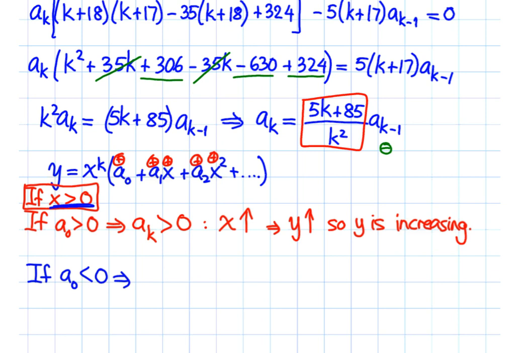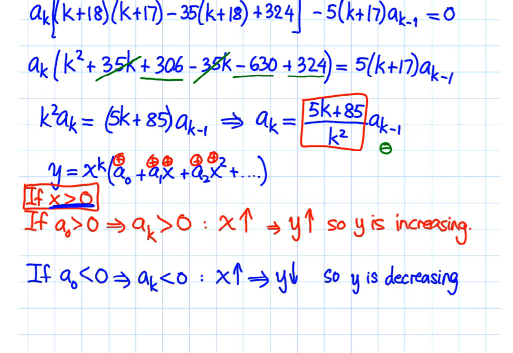If we start with, let's say, the negative, and then we multiply something positive to it, and so on, the coefficient will be negative for every k. In that case, when x is increasing, when x is bigger, the y values will go down. So y is decreasing. That is only if we choose a not less than 0.